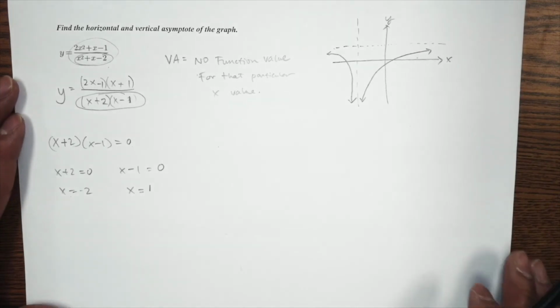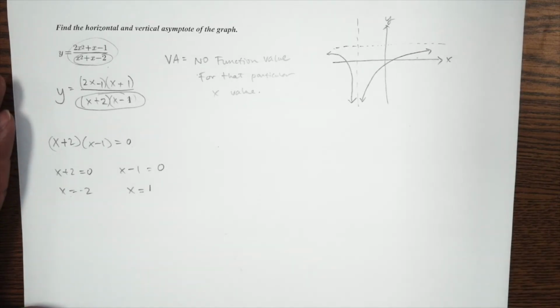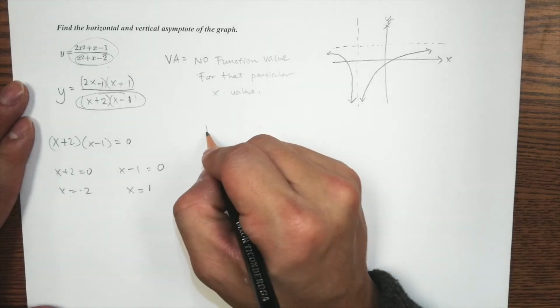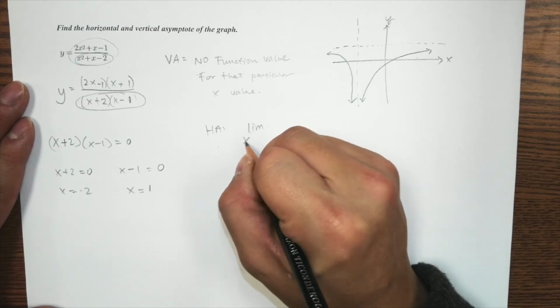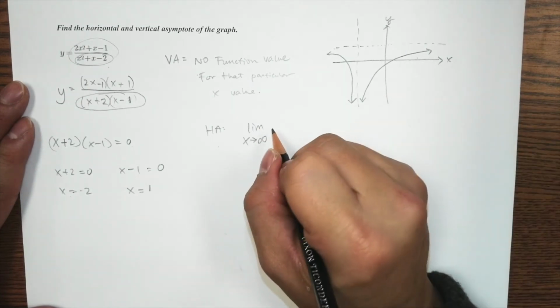This is the reason why sometimes when you graph or see other functions, you might see a function that actually crosses the horizontal asymptote, and it's perfectly fine, because the meaning of horizontal asymptote is where it is going.